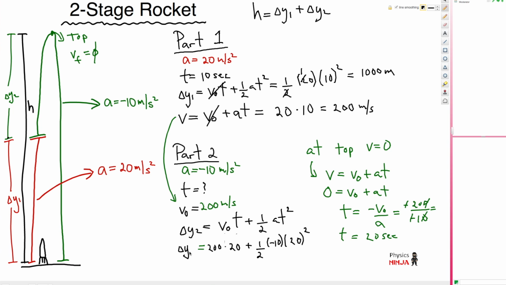That's the total displacement for the second part. So multiply this through, what do you get? You get 4,000 for this first part, plus, the square of 20 is 400. 400 times minus 10 comes to minus 4,000, and I divide it by 2. See, this whole term becomes minus 2,000. Which means that the total displacement for that second part will be 2,000 meters.